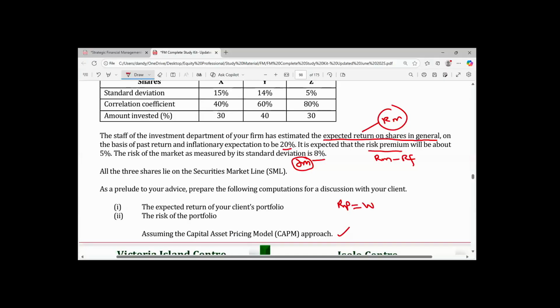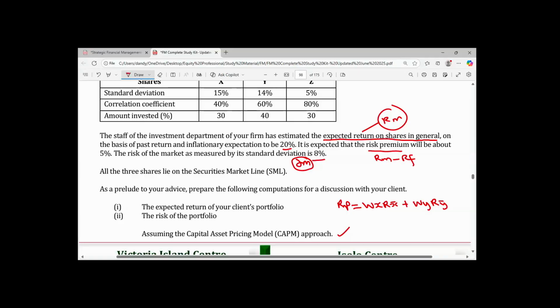For example, where you have a two asset portfolio, X and Y, the proportion invested on security X multiplied by expected return on security X, plus proportion invested on security Y, multiplied by expected return on security Y. So this is the formula for calculating the return of the portfolio.